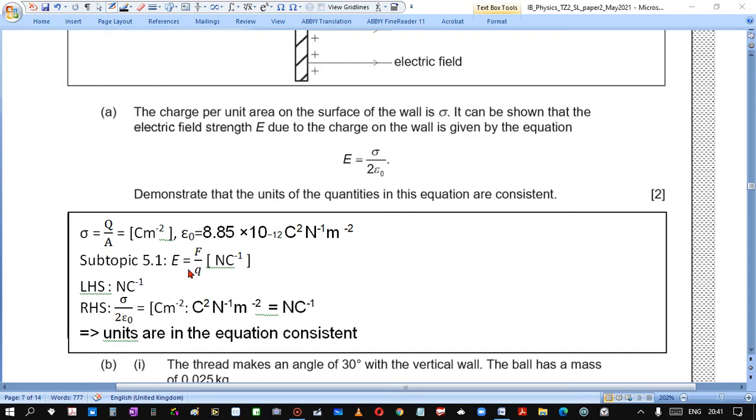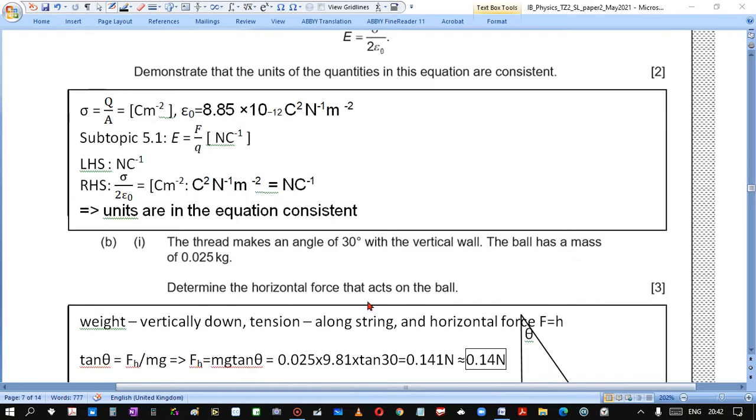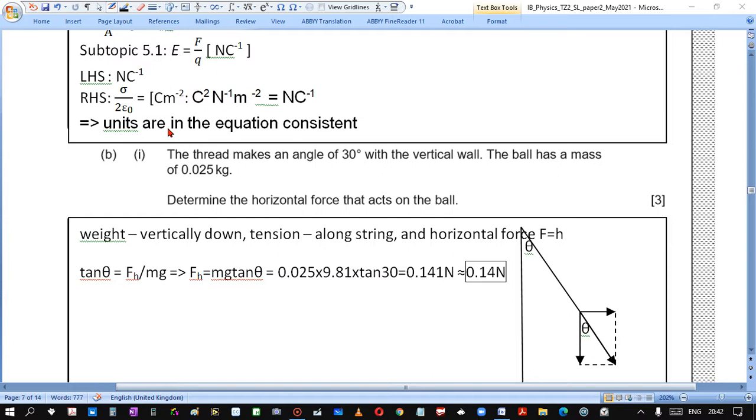Subtopic 5.1 tells us that field strength is force over charge, which means that the left side of the equation, field strength, is newton per coulomb, N C^-1. The right side has units coulomb per meter squared divided by C^2 N^-1 m^-2. After simplification, we again get N C^-1. So units in the equation are consistent.